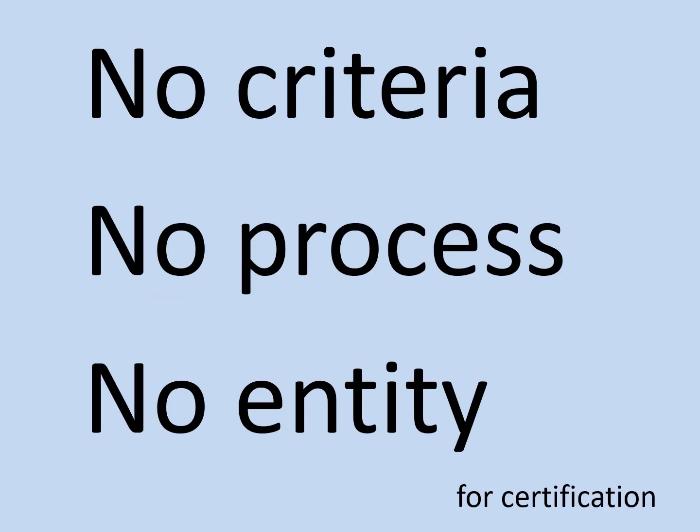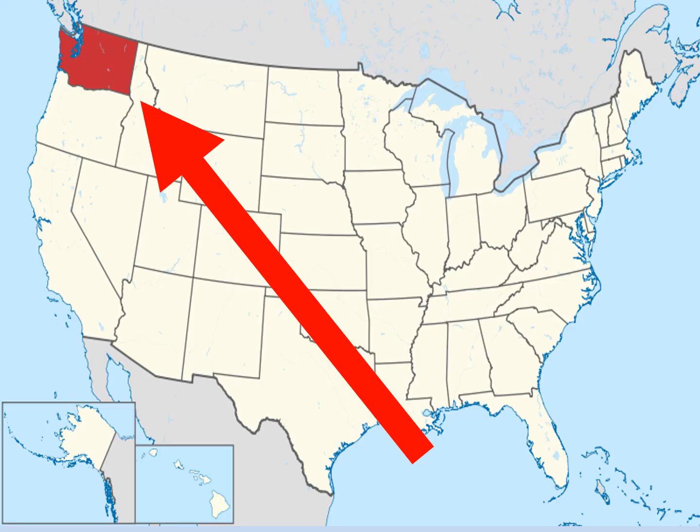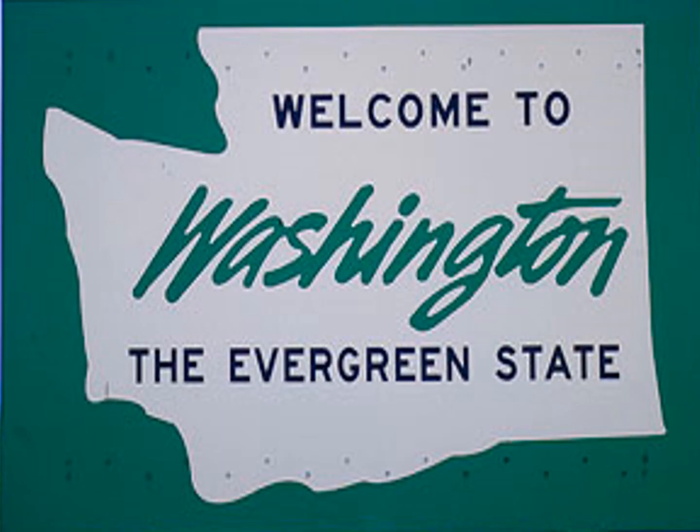Unfortunately, fast forward 7.5 years later, we still have no criteria, no process, and no entity for certification. But that's the bad news. There's a silver lining. Things have moved forward in the state of Washington. In Washington state, they have all of this.